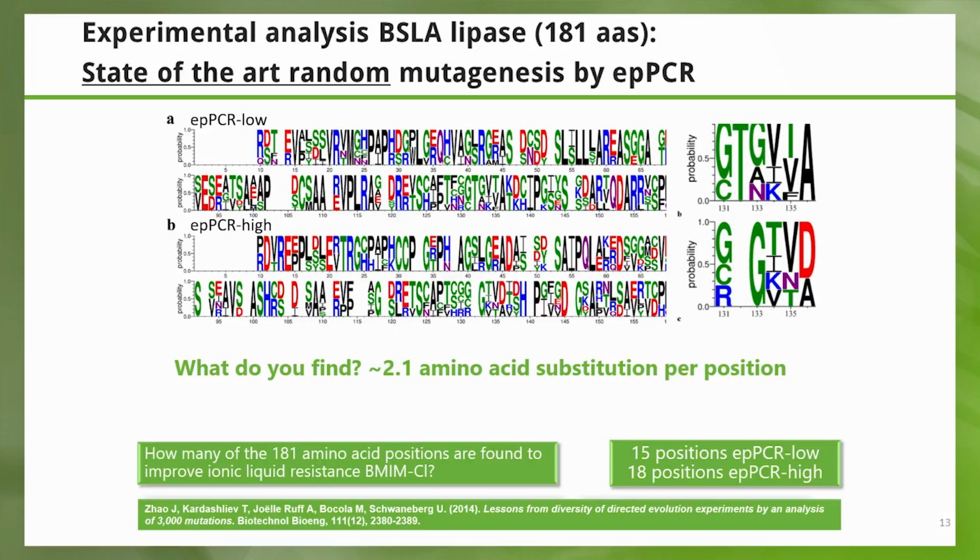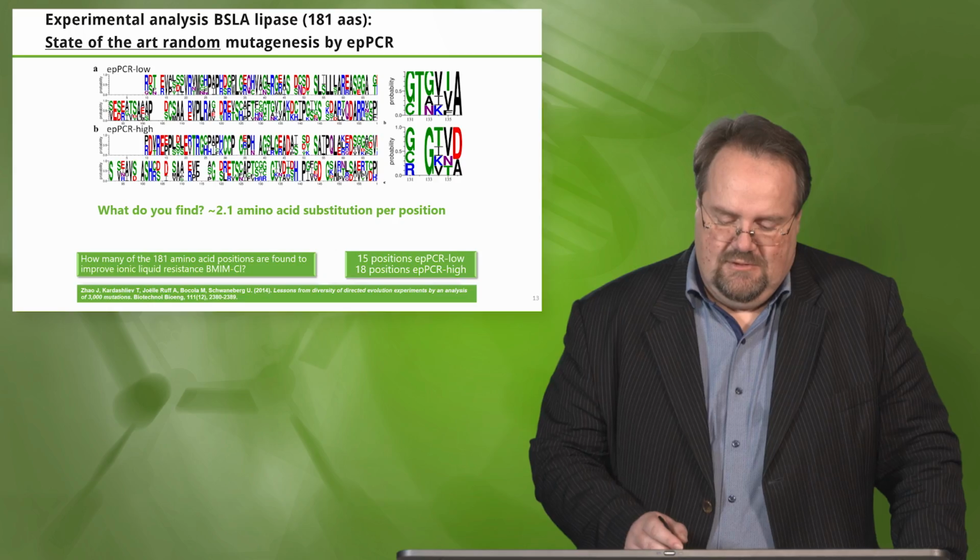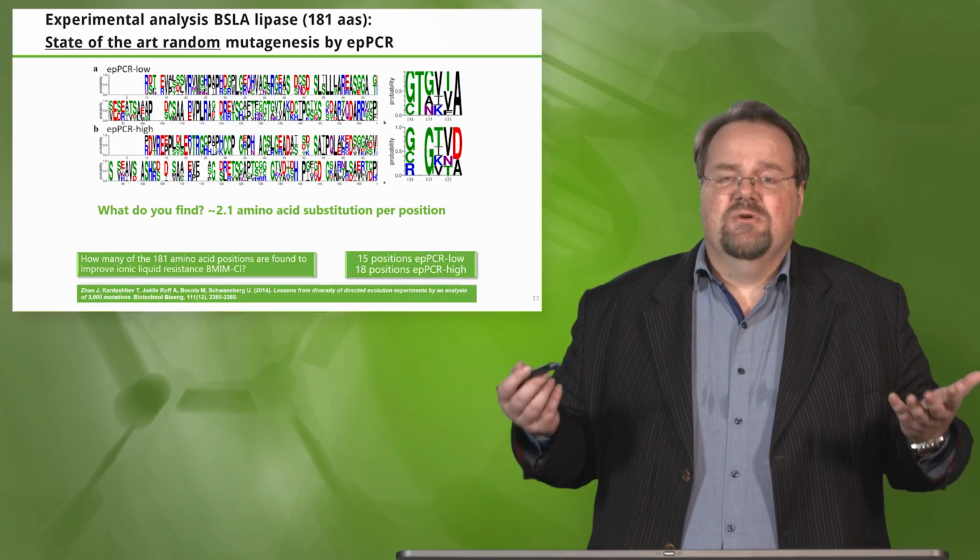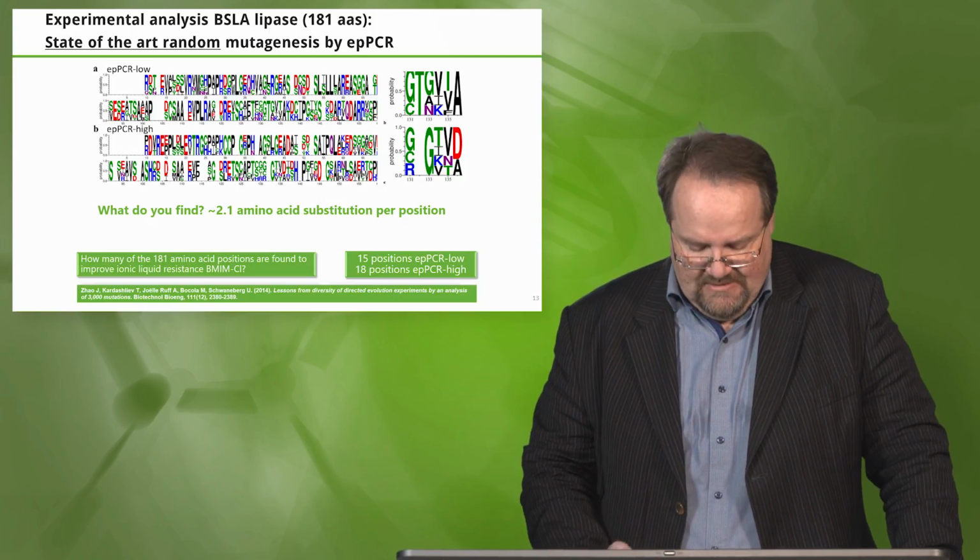Improvement means, after taking into account the standard deviation, every clone that has 3 times higher activity than beyond the standard deviation is counted as a positive one. So 15 to 18 positions shows you can improve your catalyst.